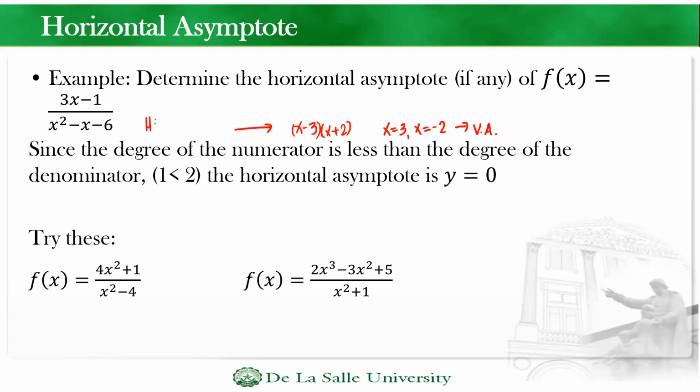So HA, y is 0. In this case, they are equal. So HA, 4. Ito, no HA. So what we do here is, meron siyang slant asymptote. So what we do here is divide.